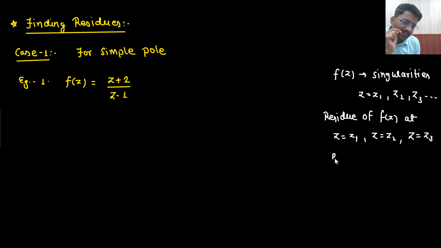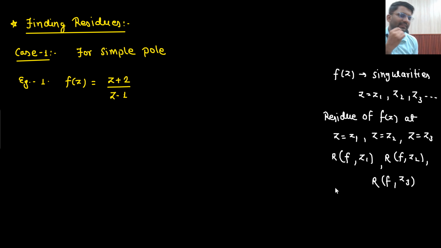So it is written in this manner: residue of function f at z equals to z1, residue of function f at z equals to z2, residue of function f at z equals to z3. This is how it is shown. Is that understandable to you? How will we show it? We will show it by r1, r2, r3: residue of f of z at z equals to z1, at z equals to z2, at z equals to z3.